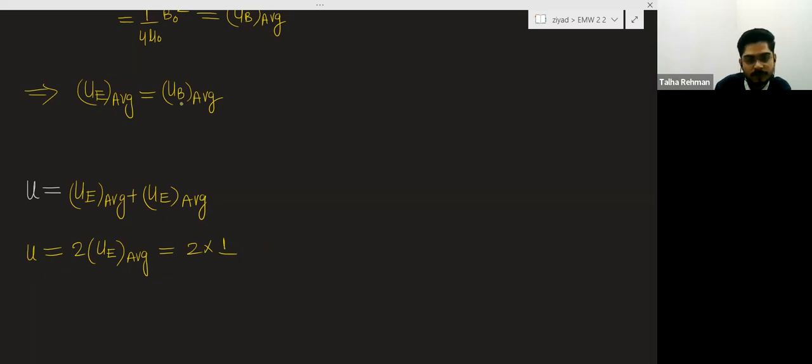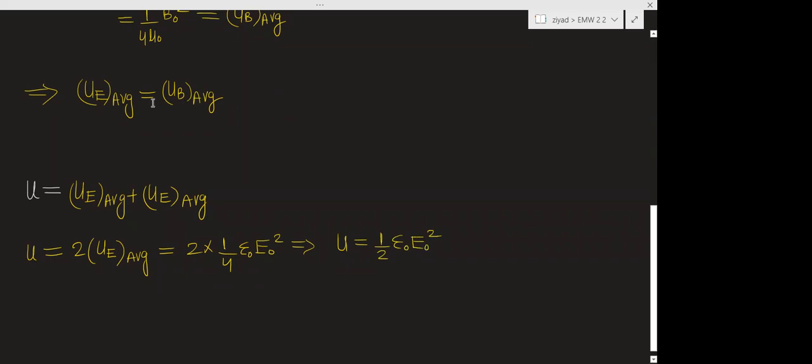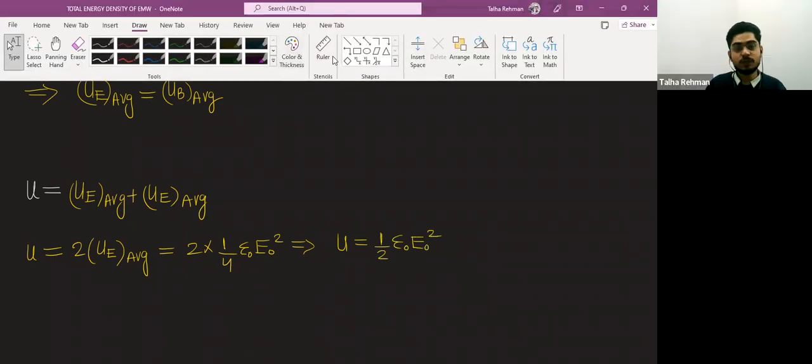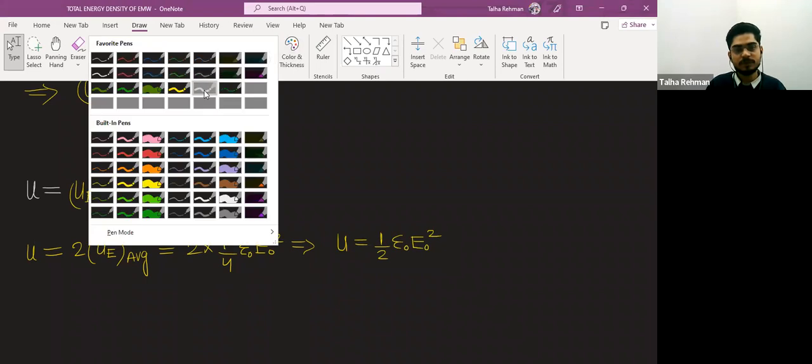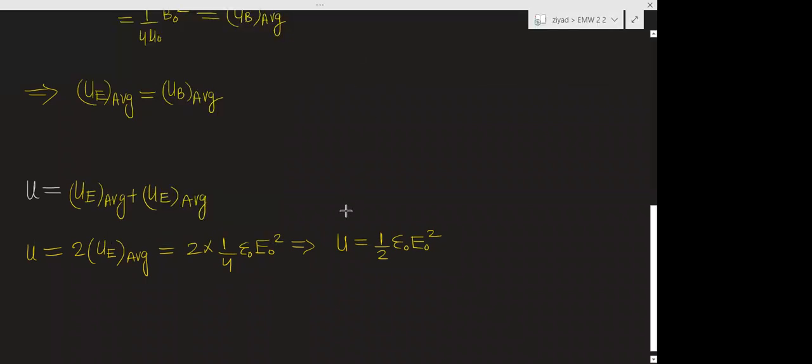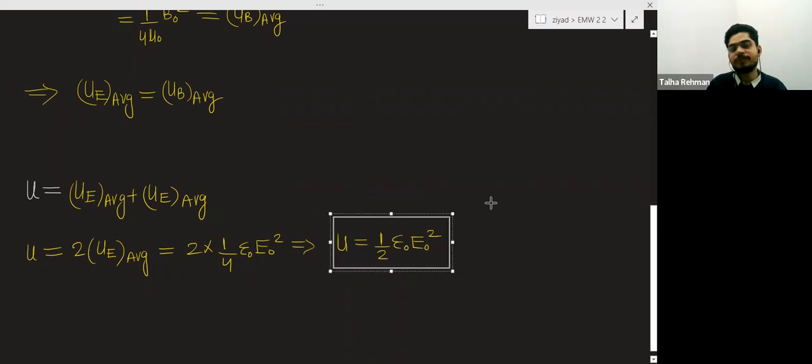So basically the total average energy density of the electromagnetic wave is given by 1 by 2 of epsilon naught into E naught square. Yes. So basically this is the total energy density, remember. Okay. So in the last I will tell you which formula you have to learn basically. Okay. Now there is another way.